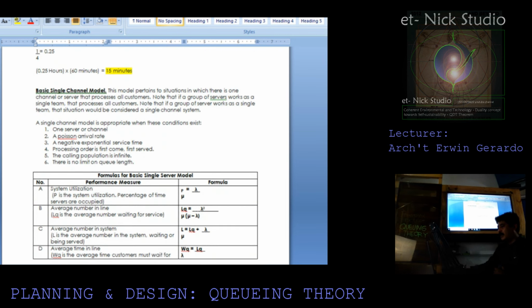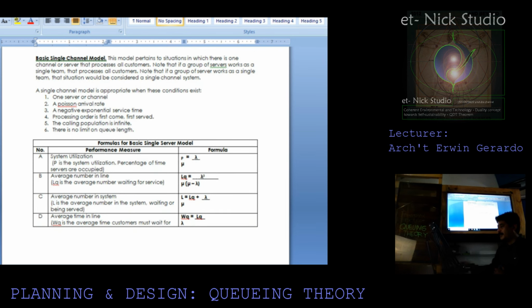So let us now tackle the basic single channel model under queuing theory. This model pertains to situations in which there is one channel or one server that processes all customers waiting for service.